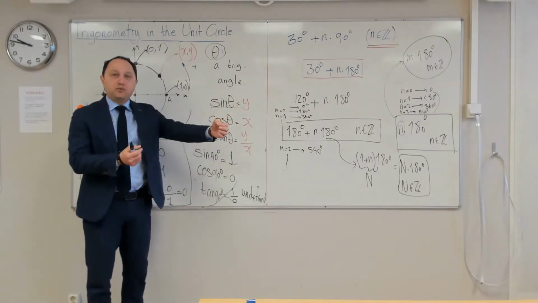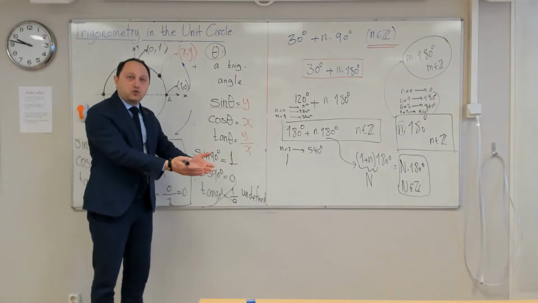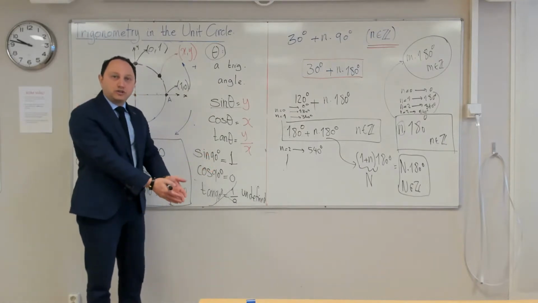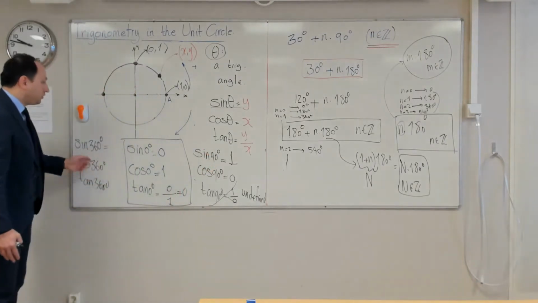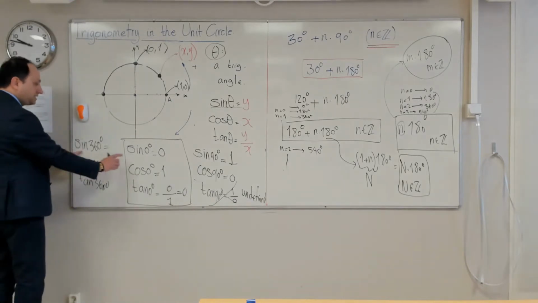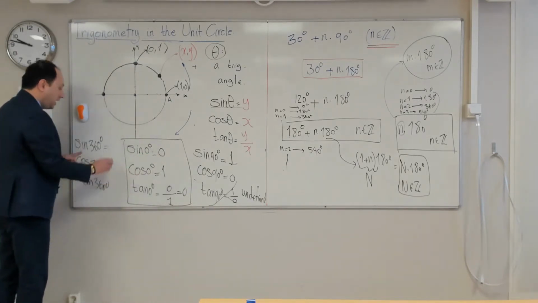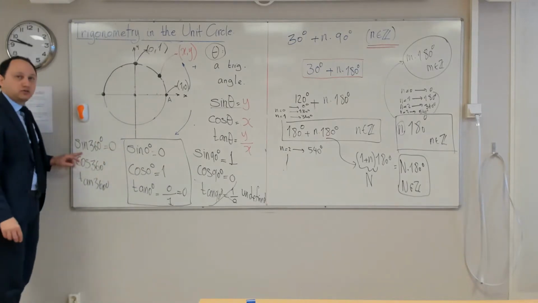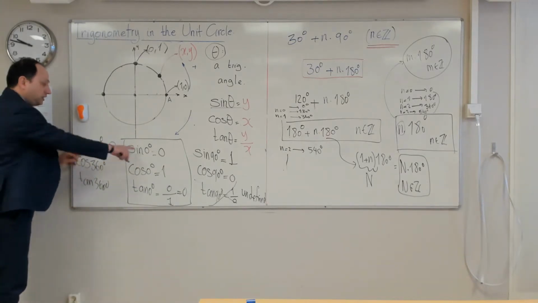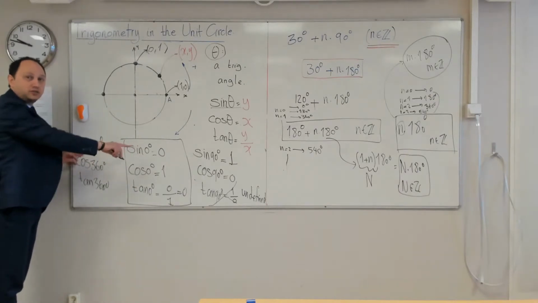So if the final point is the same, it means the x coordinates are the same, the y coordinates are also the same. So you don't need to do it again. You immediately say that for sine of 0 degrees I get 0, I will get the same number for 360 degrees, even though they are quite different angles.